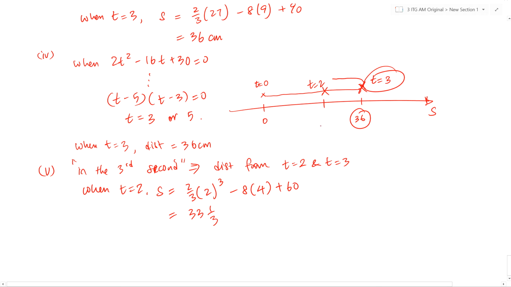So this apparently is 33 and 1/3. Therefore, distance traveled equals 36 minus 33 1/3, which is 2 and 2/3. Is that correct? Okay, that's it for our practice now.